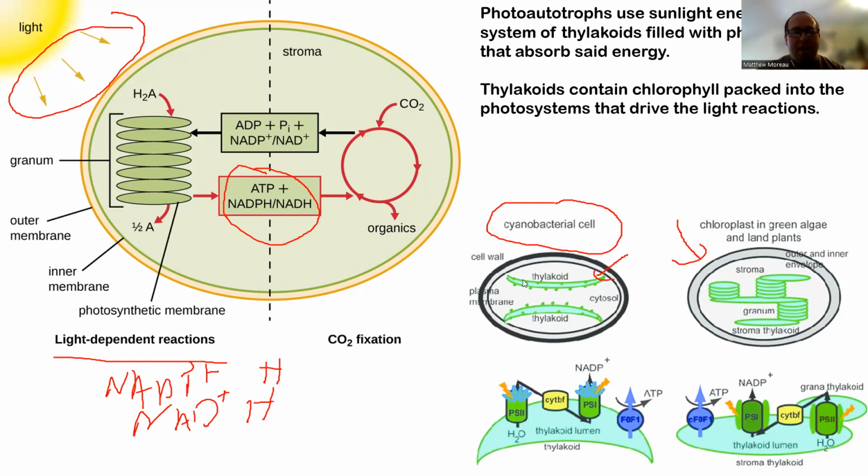So these components that are created during the light reactions are sent over to basically fix carbon dioxide, or convert carbon dioxide. These organisms have ways to absorb carbon dioxide. In plants, this is in the form of the stomata, right?